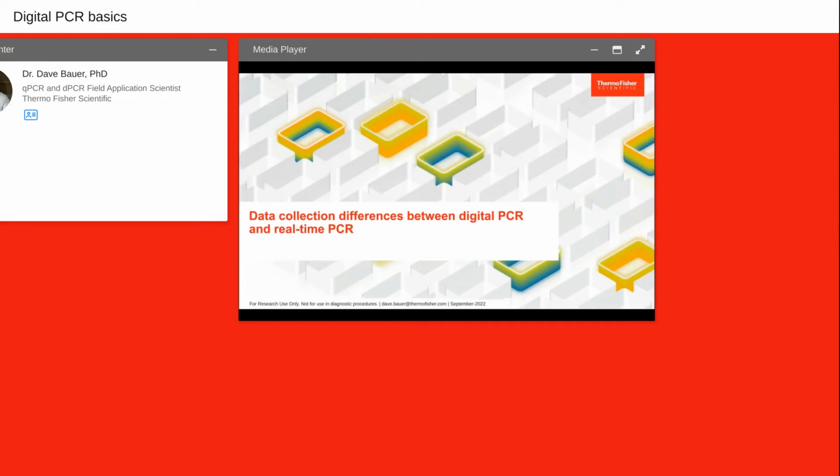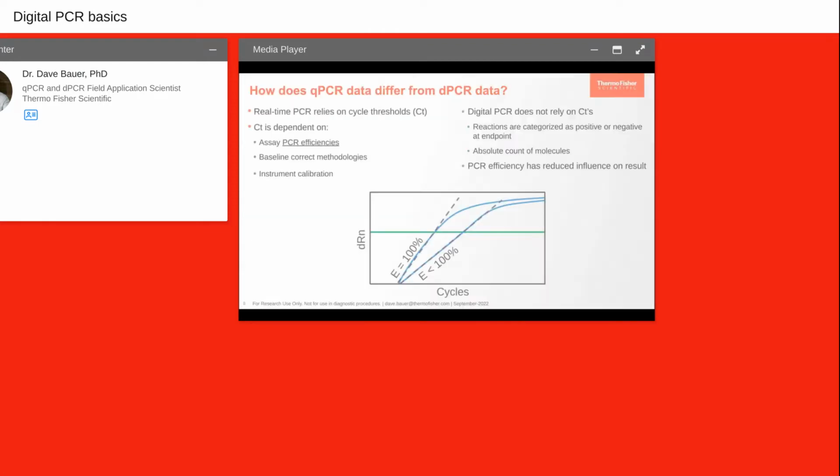So let's step back and just look at the data collection for digital PCR. We'll start by looking at it for real-time and then go from there for comparison. As we alluded to earlier, the big difference is the efficiency of PCR. That is a huge aspect of real-time data collection.